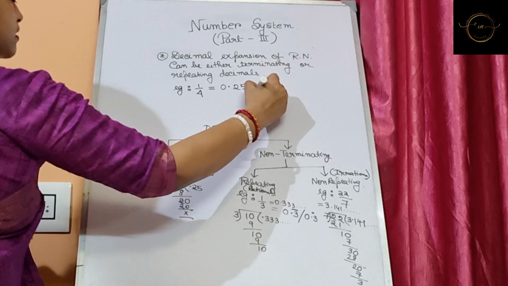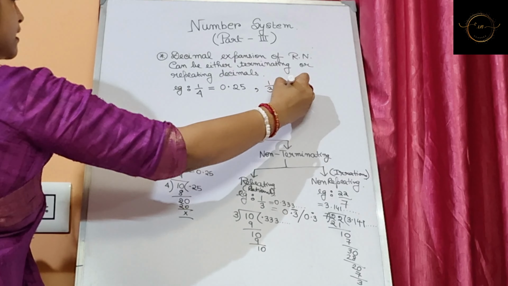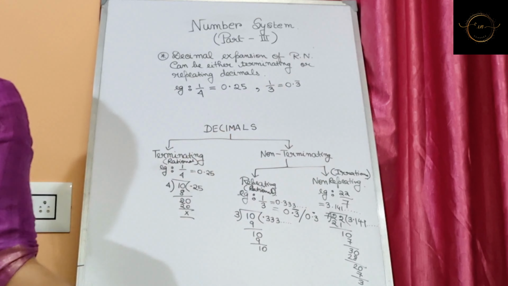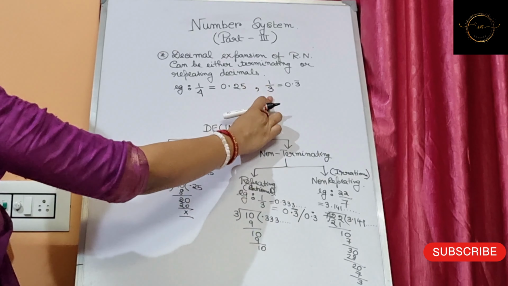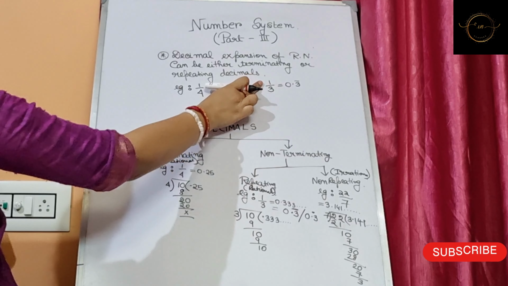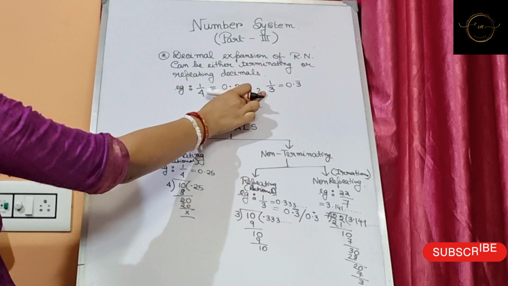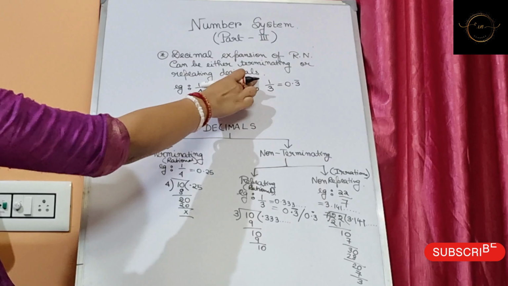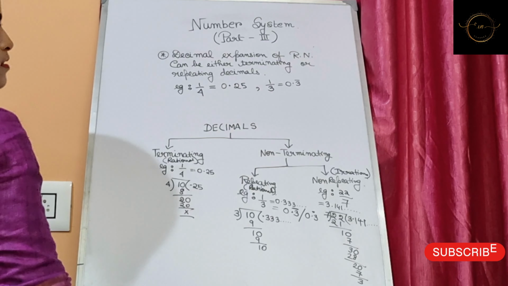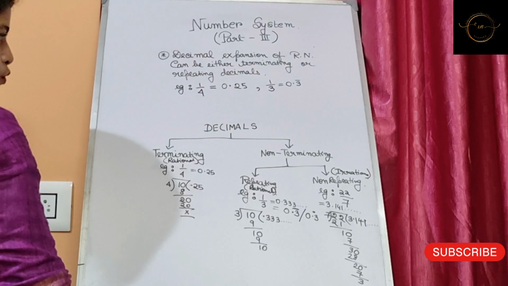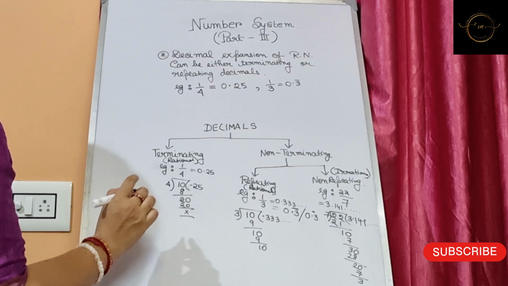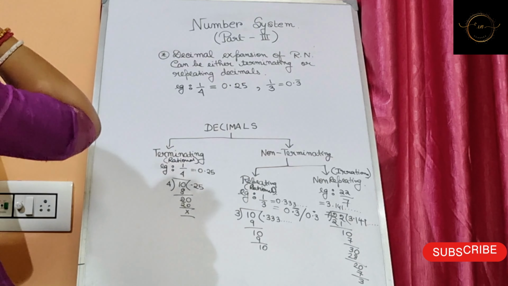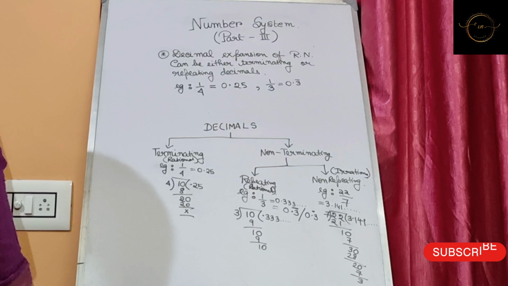Also, if you take the example 1 by 3, that is 0.3 bar. It's a repeating non-terminating decimal, which is also a rational number because 1 is an integer, 3 is also an integer. So both are integers, and the denominator is not equal to 0. Also, both the numbers are in simplest form. Therefore, we can say that they are rational numbers.